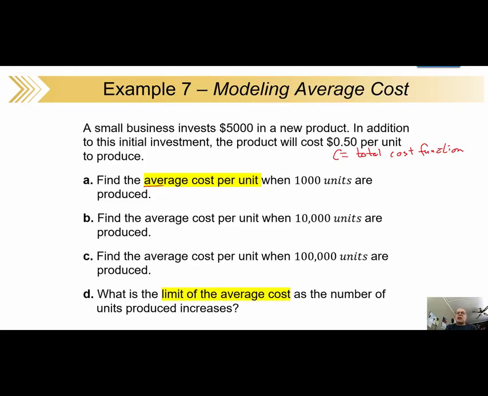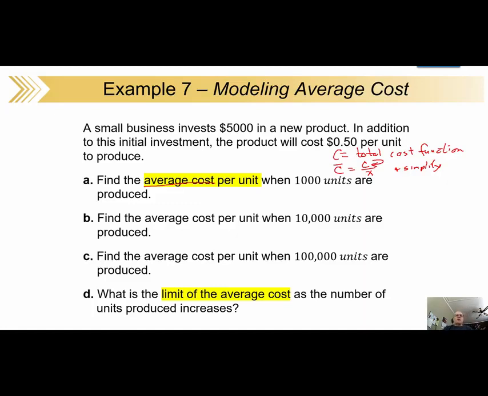This one is talking about the average cost. That means C bar. And remember that's C over X. So whatever the C is, you'd have to put that in here. And if possible, simplify to get your average cost function.